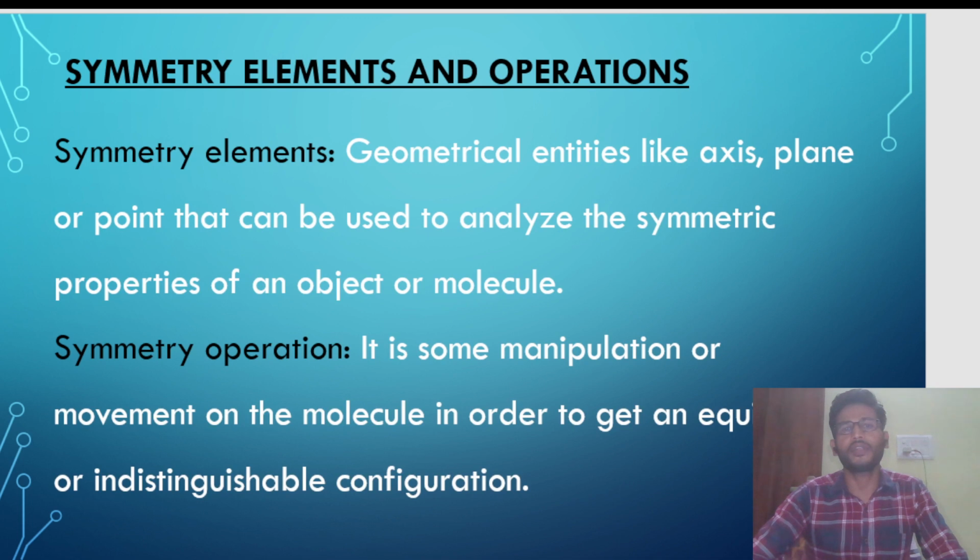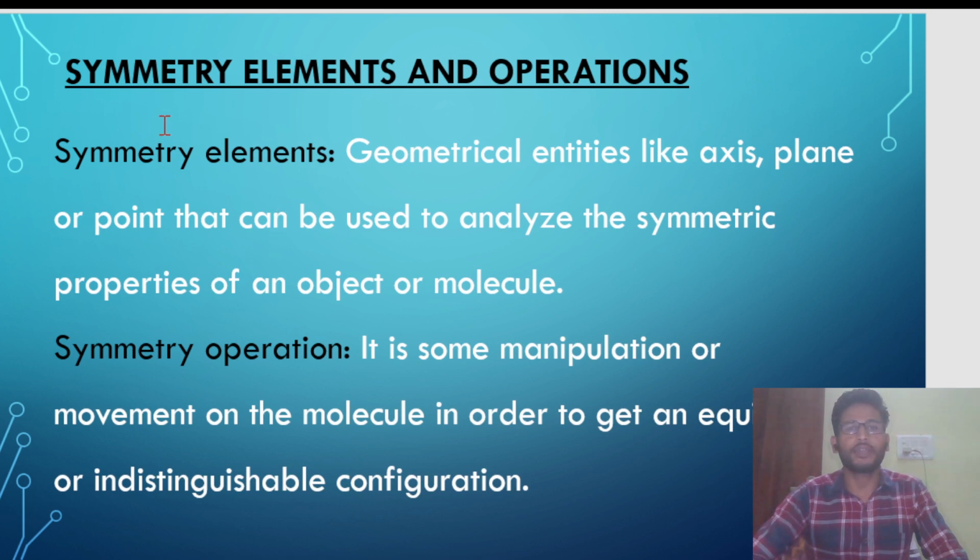In this slide, we will discuss what is symmetry element and operation. Symmetry elements are geometrical entities like an axis, plane, or point that can be used to analyze the symmetric property of an object or molecule.